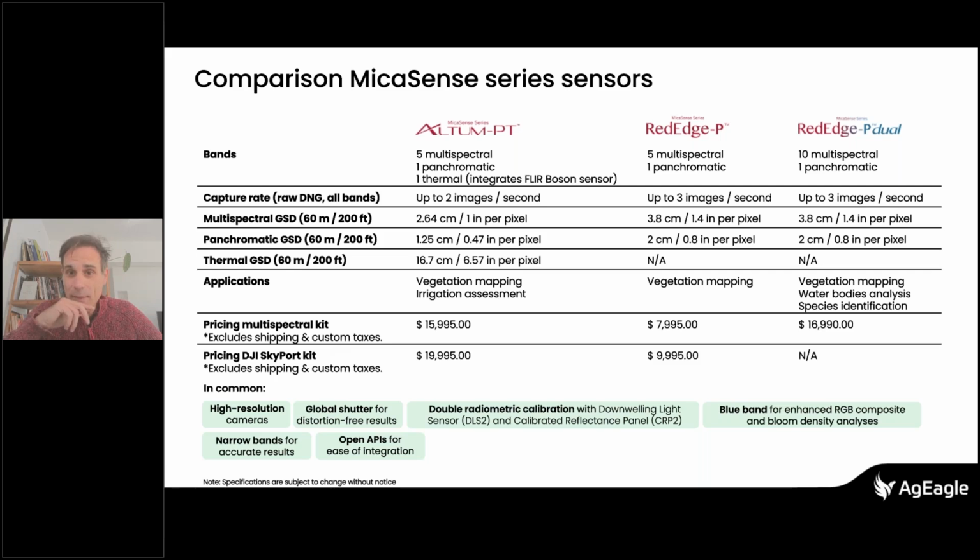The reason that we added this band is because we discovered that this band is really interesting for the study of the clearness of water, right? Because our cameras are not only used for agriculture, they are also widely used for any remote sensing application, especially for environmental applications.